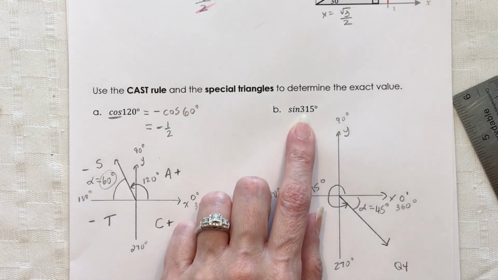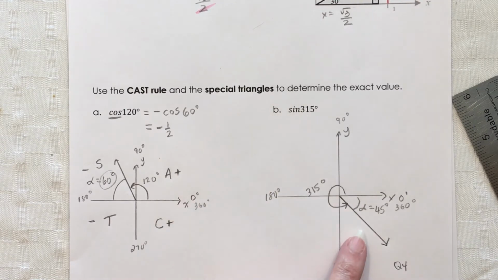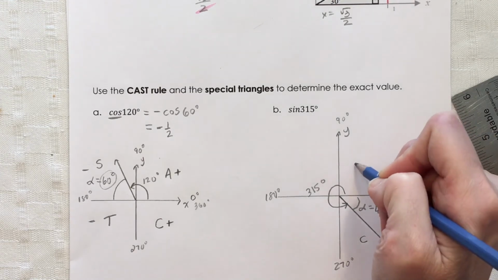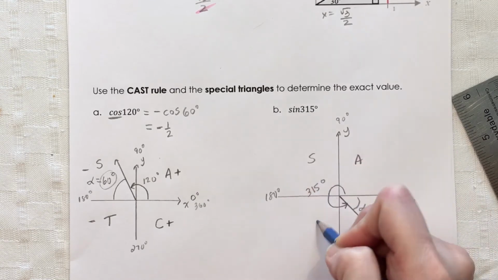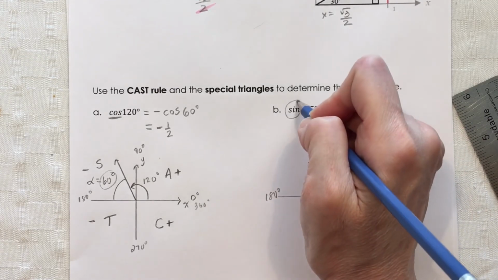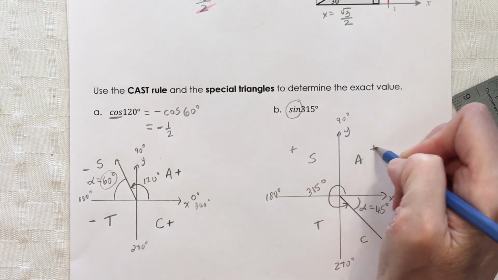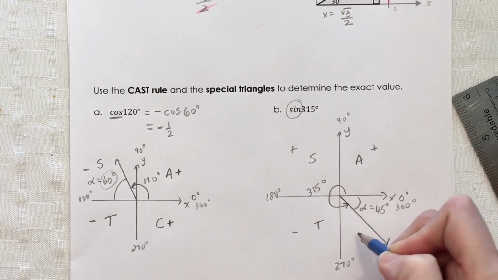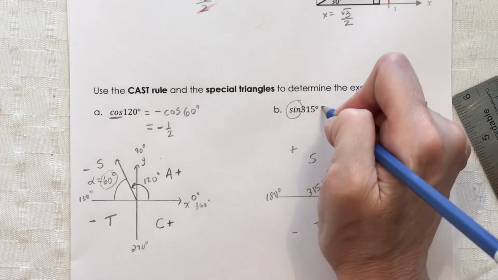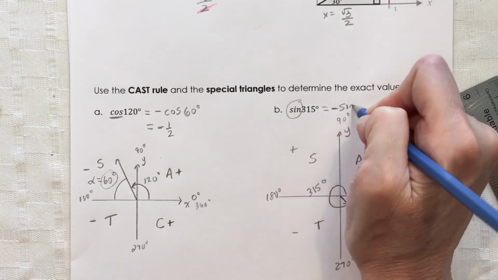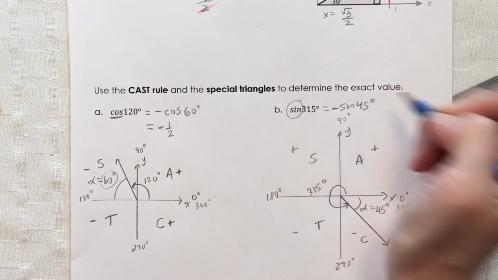which means that the sine of 315 is going to be related to, not exactly the same, but related to the sine of 45 degrees according to the cast rule. So we're looking at sine. Sine is positive here and here, which means it's going to be negative in these two quadrants. So the sine of 315 is going to be negative sine of 45 degrees.